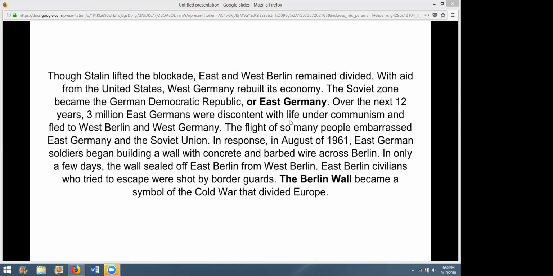That's summing it up. That's it. I didn't have to worry about the dates, the names, or how many millions of Germans there were. I just summed up that the United States and the Soviet Union did not get along, and the Berlin Wall was built because the Soviet Union was embarrassed and mad that East Germans were fleeing to West Germany.